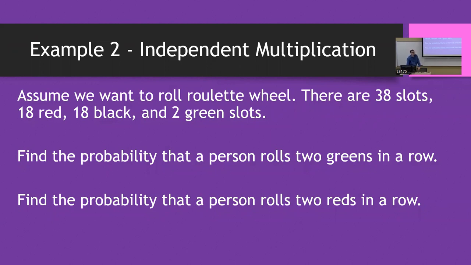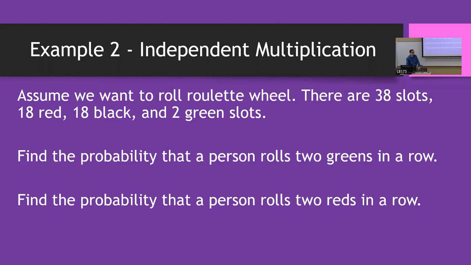The basics of what we need to know for this class is that on a standard roulette wheel, there are 38 slots. 18 of those slots are colored in red. 18 of those slots are colored in black, and 2 of those slots are colored in green.